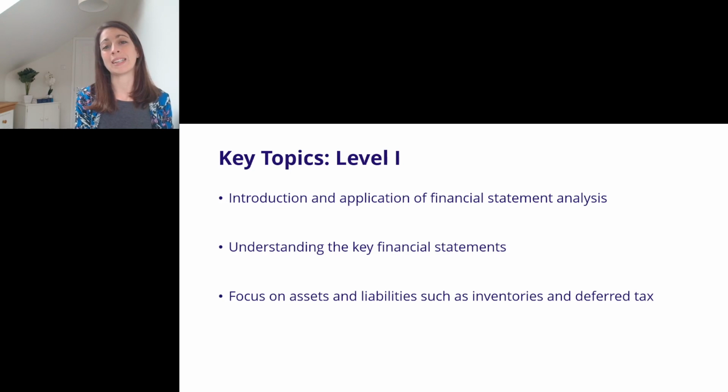What do we want to be able to get from looking at the financial statements? There's a key focus at level 1 on assets and liabilities that sit in the balance sheet. So whilst the income statement is covered, the main focus is on assets and liabilities, and it looks at a few of these in more detail. So for example, inventories and deferred tax, which have their own readings.